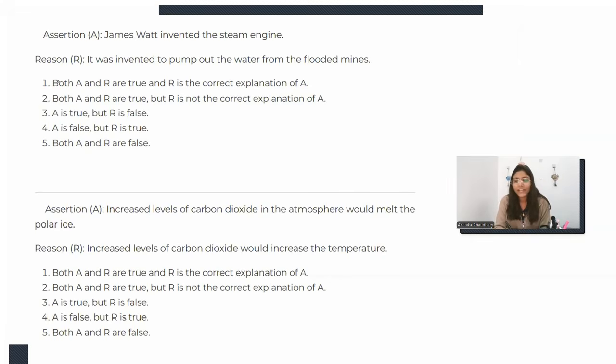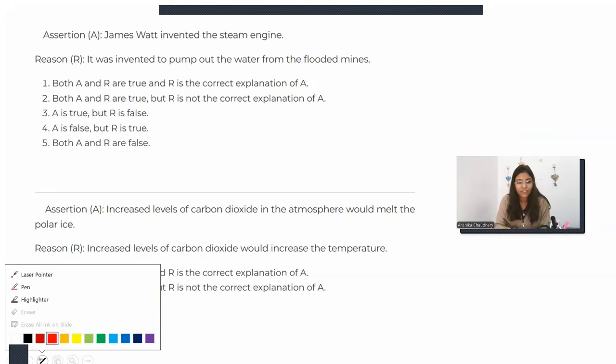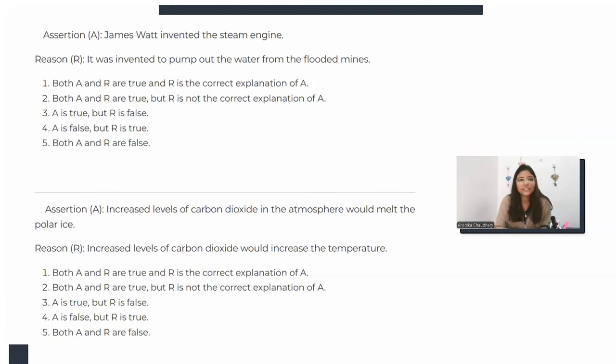Here, one is assertion and the second is reason. We need to find out how they are related, right? The assertion is: James Watt invented the steam engine. The reason: it was invented to pump out the water from flooded mines. So here your GK will work, right? James Watt invented the steam engine, yes, it is true.